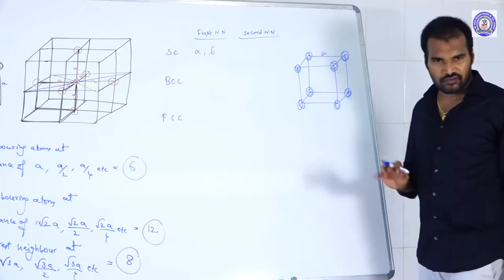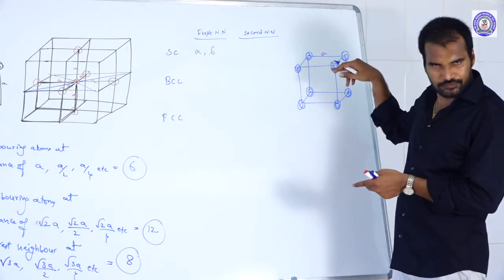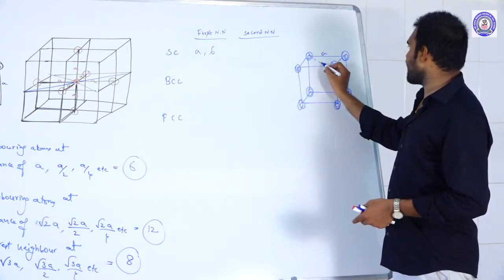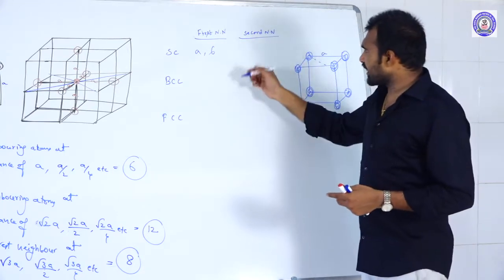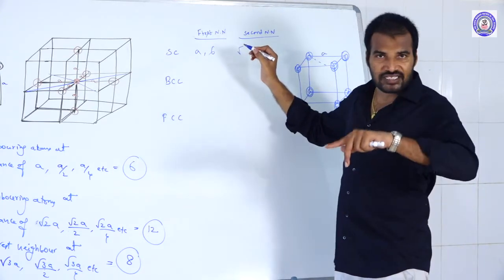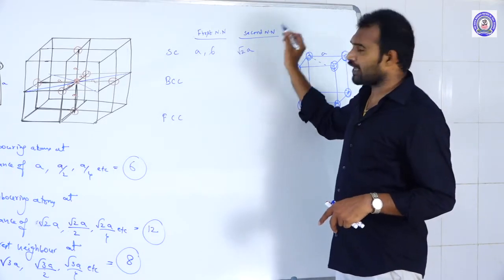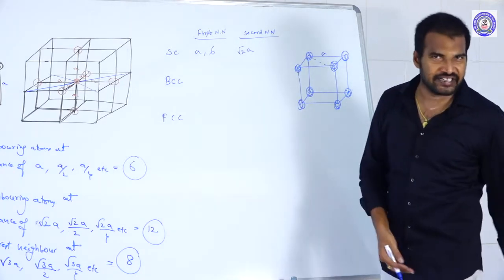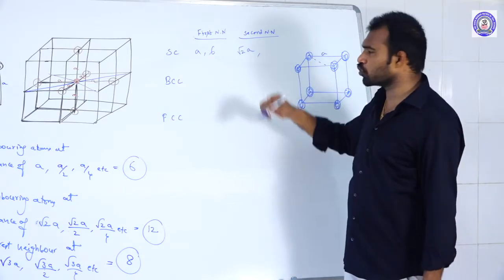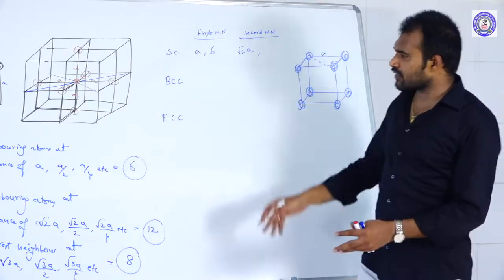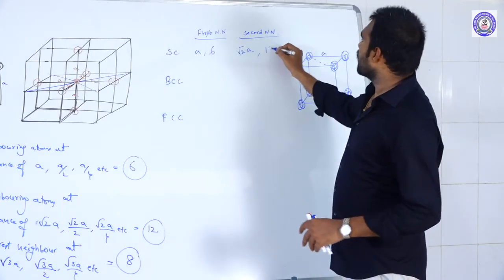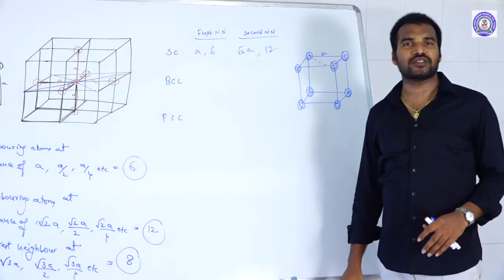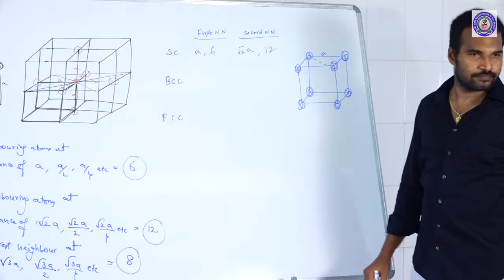So A was finished. What is the second nearest? Face diagonal only, right? So the next one is face diagonal. What is the formula for the face diagonal? Root 2a. So the second nearest neighboring distance is root 2a. And at a distance of root 2a, how many atoms are there? 12 are there. So the second nearest neighboring atoms for simple cube is 12.